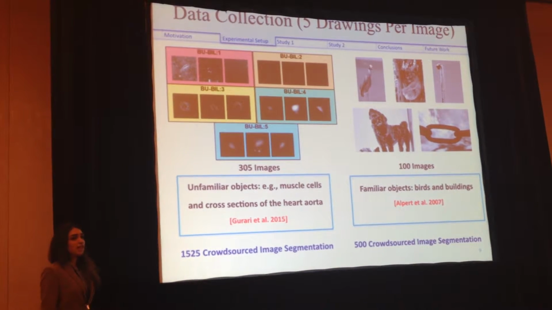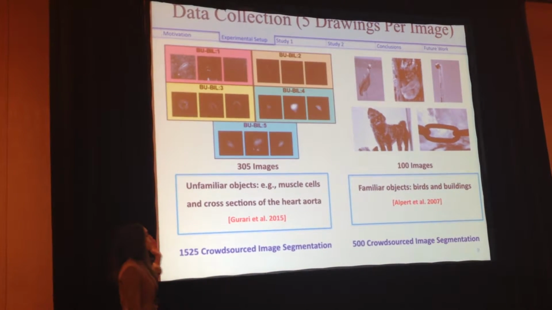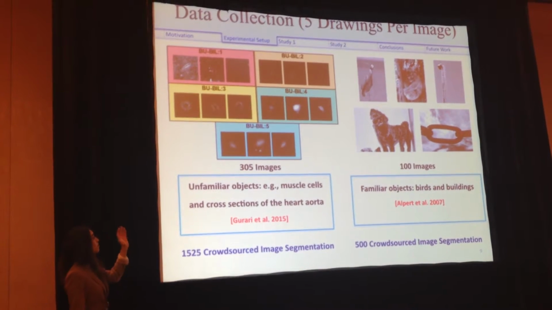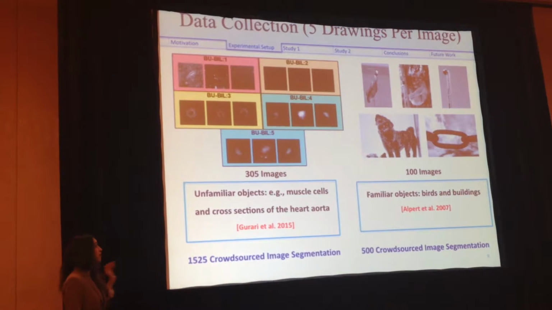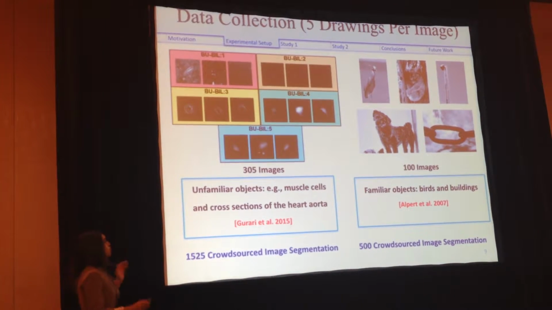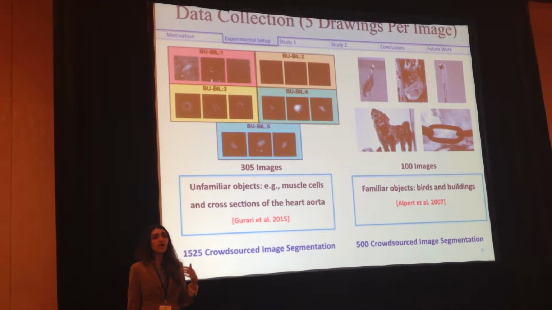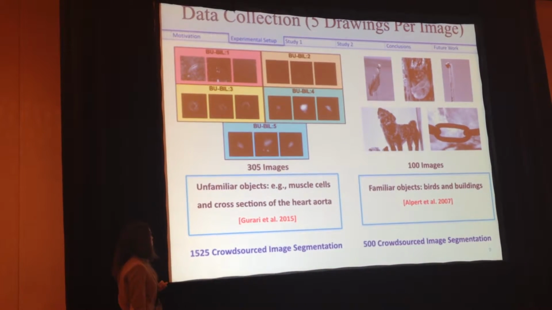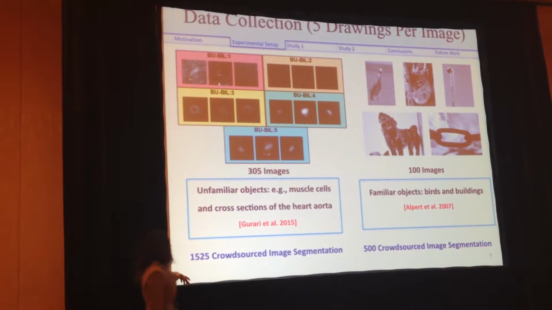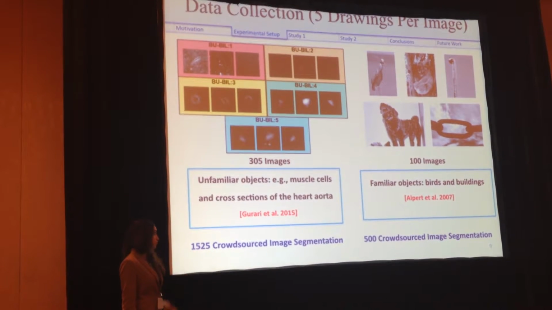What was our data collection phase? We were dealing with 2 different types of content. On the left, you will see a couple of samples from our biomedical and medical set, which were unfamiliar objects related to muscle cells or cross-sections of the aorta. We had 305 images and we collected 5 drawings from 5 people, so we came up with 1525 crowdsourced drawings.